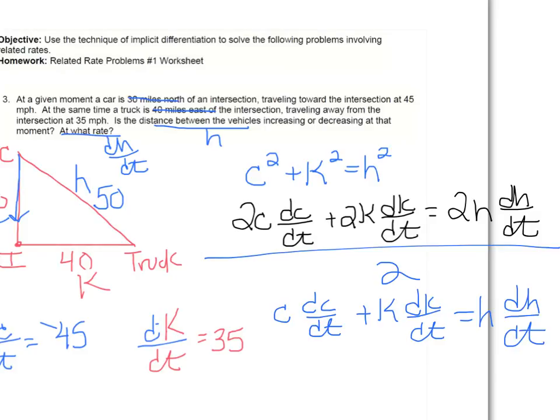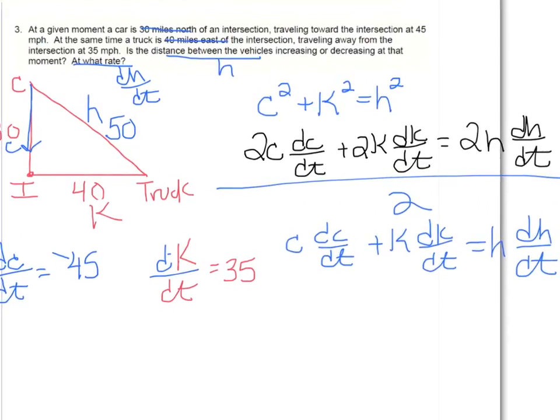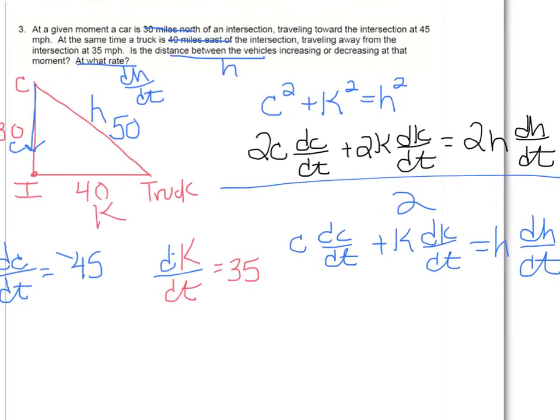So now I'm going to plug in all the numbers that we already have. So c is 30, dc/dt is negative 45, k is 40, dk/dt is 35, h is 50, and we need dh/dt.